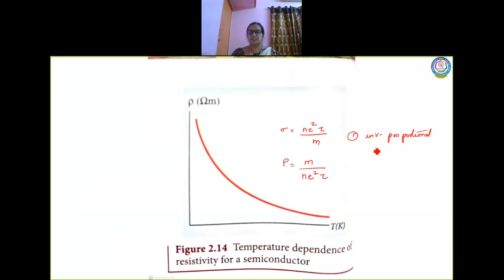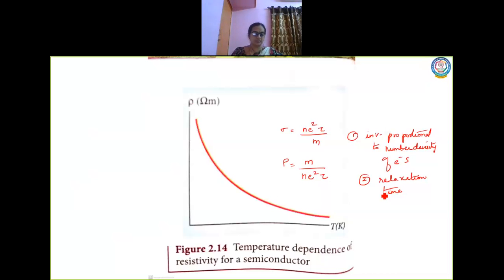Now what is n, children? N is the number density of the electrons. So resistivity is inversely proportional to the number density of electrons. Second, it is also inversely proportional to the relaxation time. Hope you remember what relaxation time is.